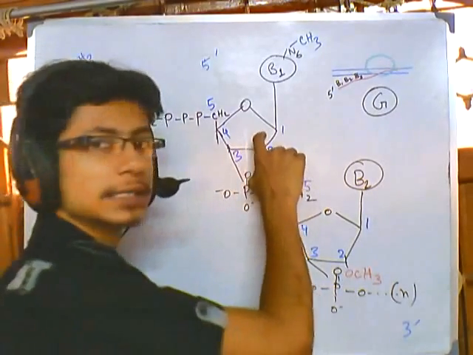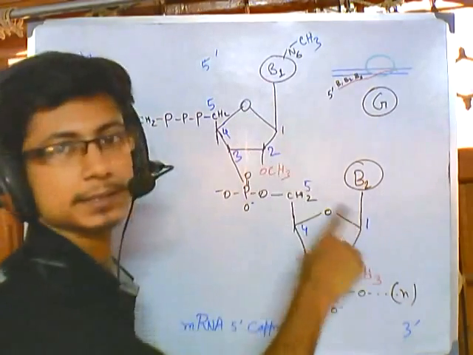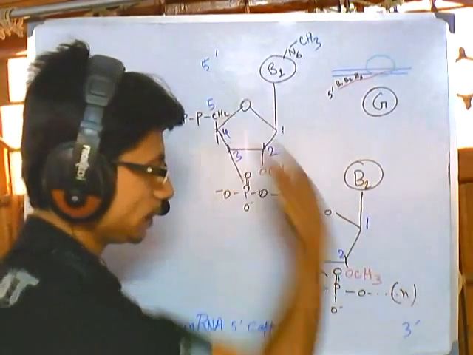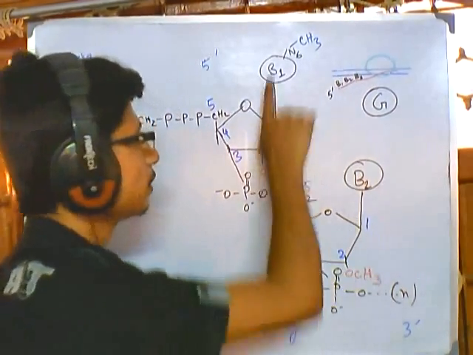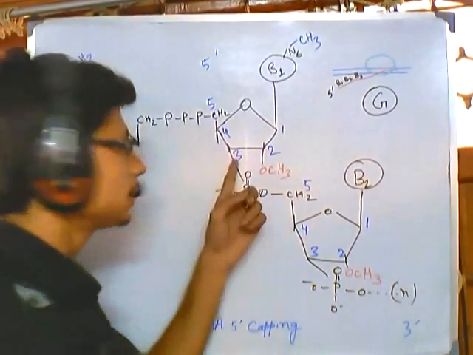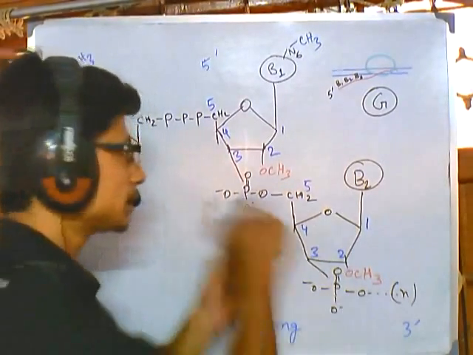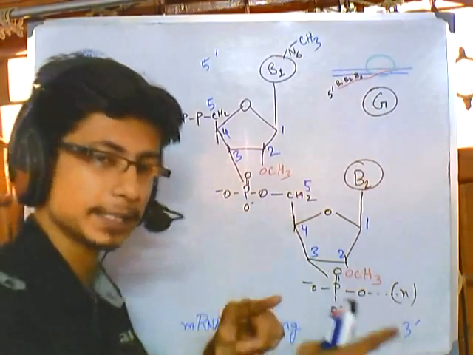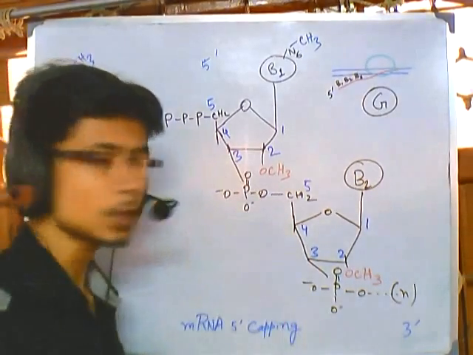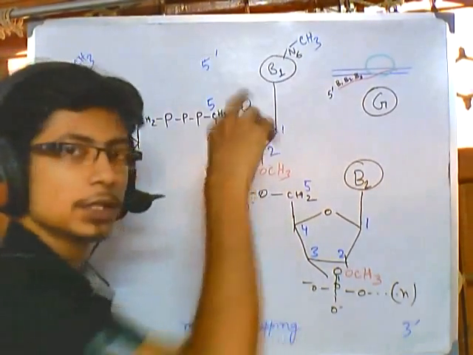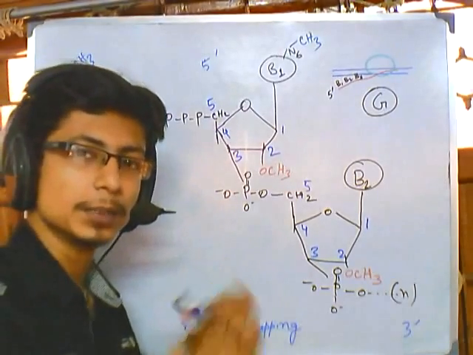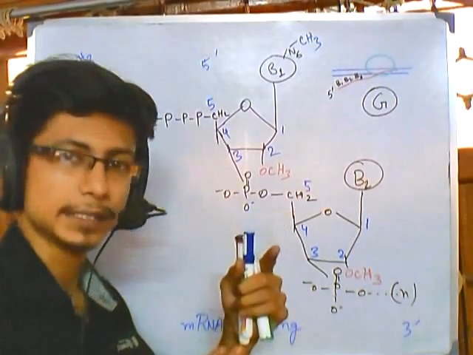The carbon 1 has the importance of holding the bases in all these cases. If we draw further, we can see carbon number 1 is holding the bases. Carbon number 3 is binding with the phosphate, and utilizing the phosphate it is also binding with the next base. We can see it here. Carbon number 5 is also involved in binding with the other bases via the phosphodiester linkage.